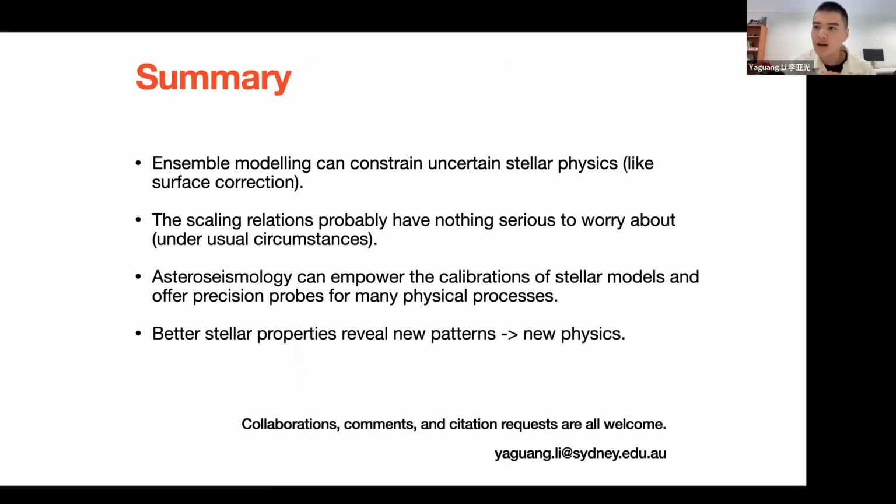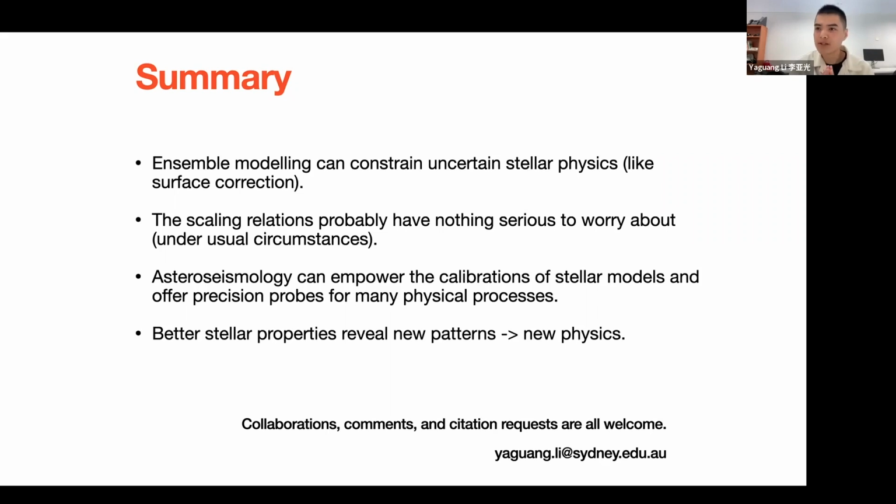Okay, so that's basically my talk, and here's a summary page. Ensemble modeling can constrain uncertain stellar physics, and I hope more and more people will use ensemble modeling to constrain these uncertain stellar physics. The scaling relations probably have nothing serious to worry about unless you push them to the extremes, which definitely needs more tests in the future.